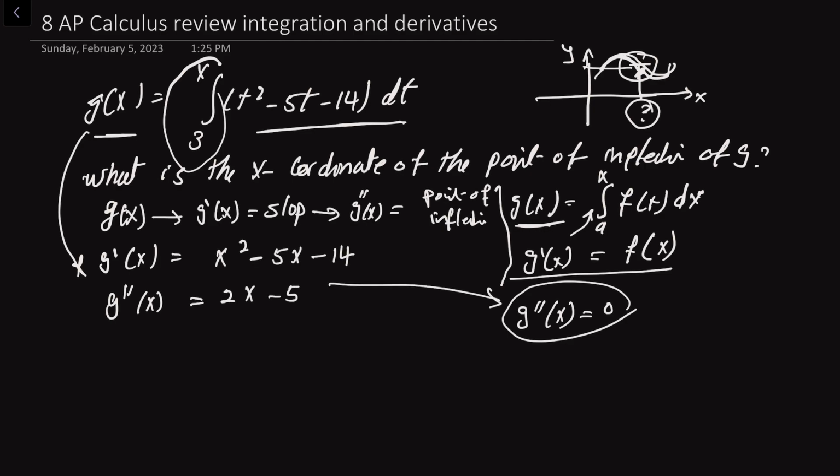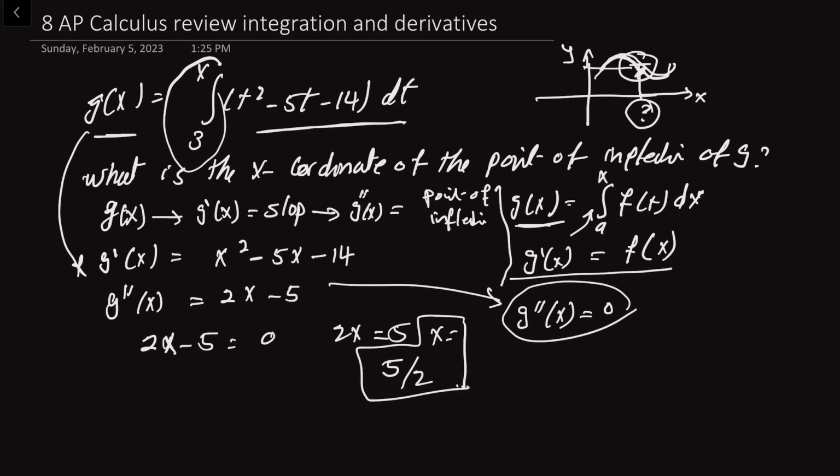And then we said we make this equal to 0. So 2x minus 5 equals 0. So 2x equals 5. So x equals 5 over 2. And that's my x-coordinate. So that is basically this value here for the function g of x at the point of inflection. All right, you got the idea?